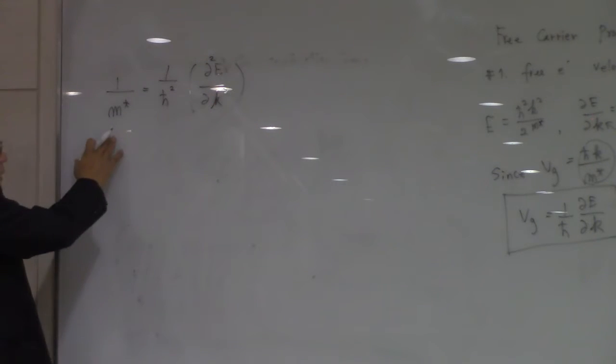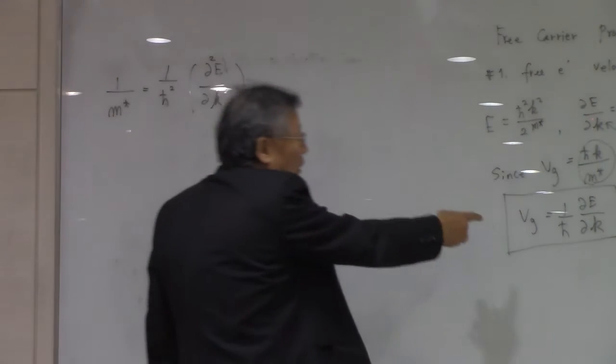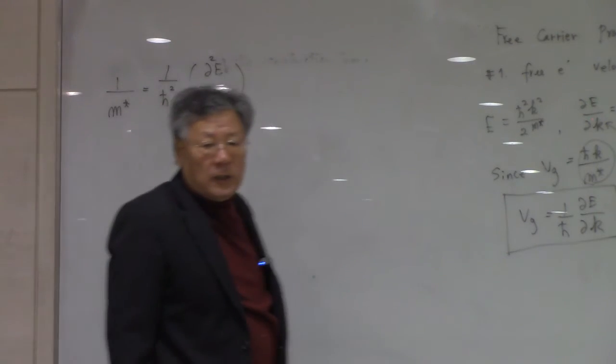So effective mass is related to the second derivative of energy with respect to k, and the velocity is related to the first derivative of the curve, the E-K diagram.